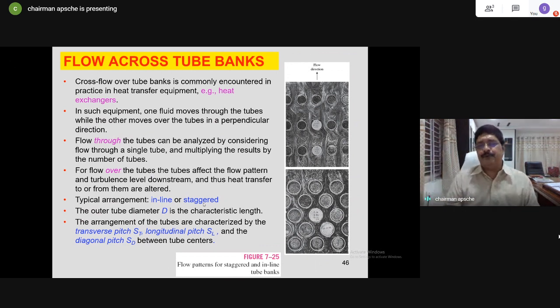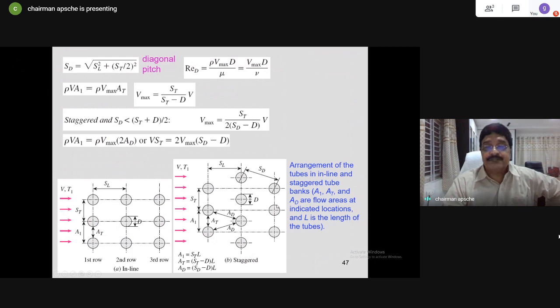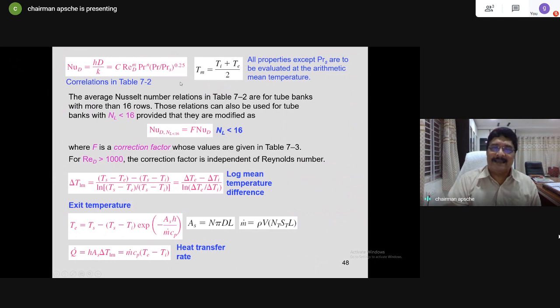So a bank of tubes can be a matrix of tubes, and when more than one tube forms a bank, you need to follow a different set of equations. The pitch and the spacing between the tubes, all these geometrical things, are given in your data book. So you can use them and calculate.